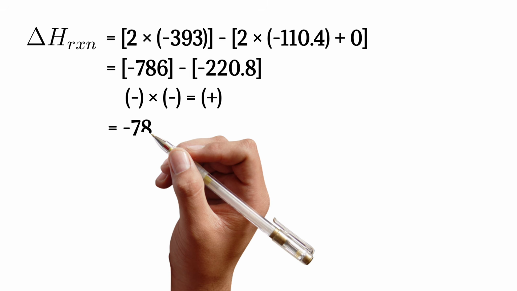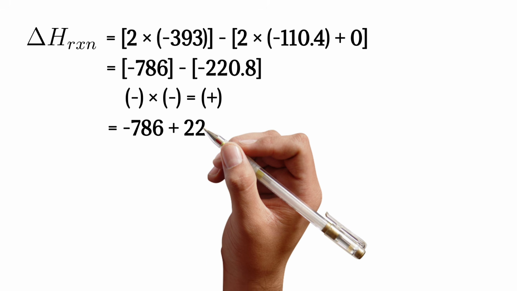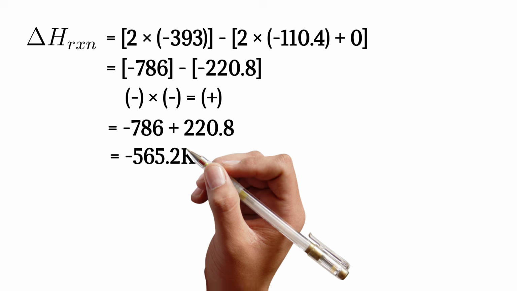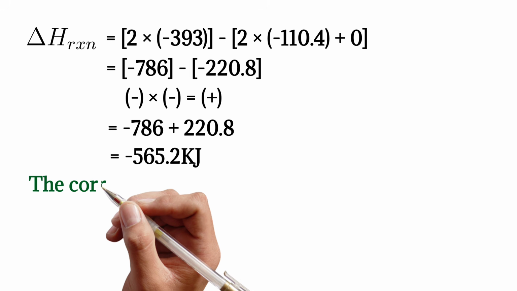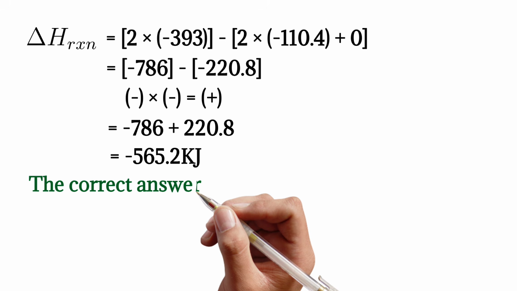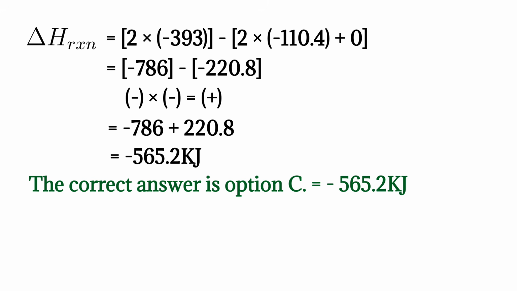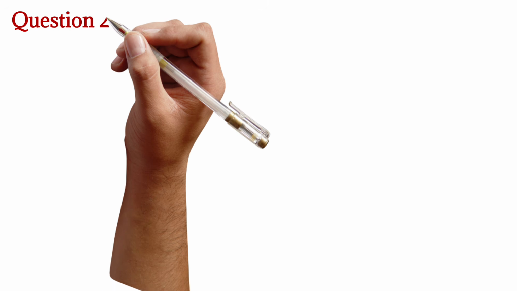So minus 786 plus 220.8 equals to minus 565.2 kilojoules. Therefore, the correct answer is option C, which is minus 565.2 kilojoules. I really hope you understand. Go over it again if it is not clear, and you can as well drop your questions in the comment section. Let's consider the second question for today.